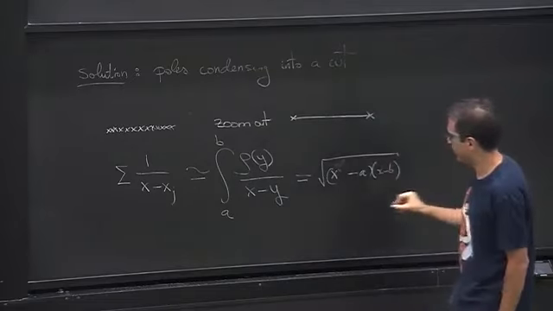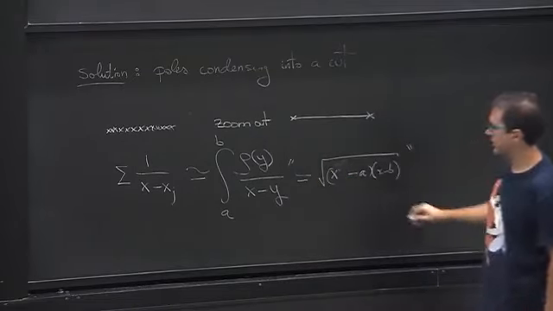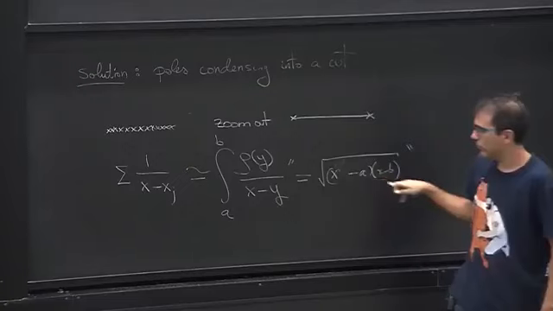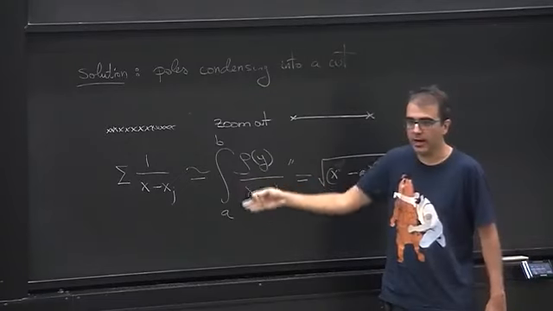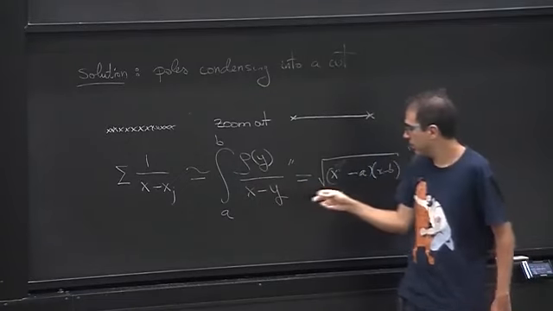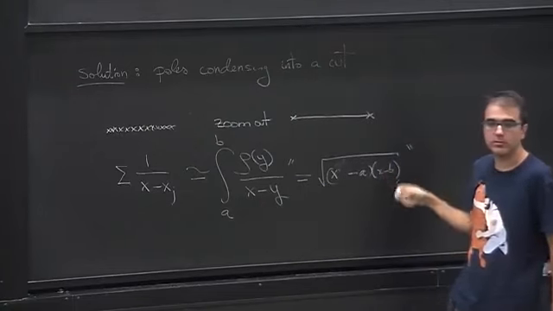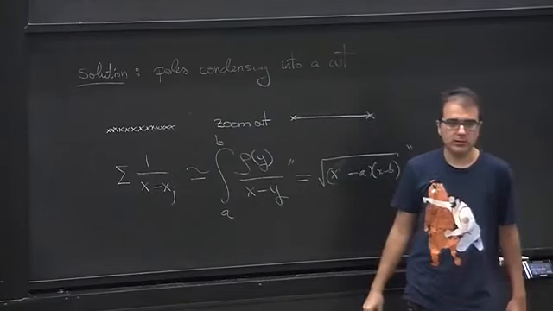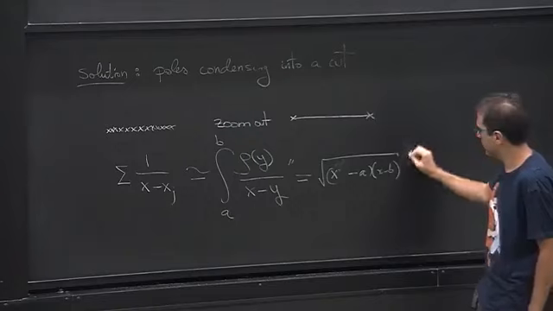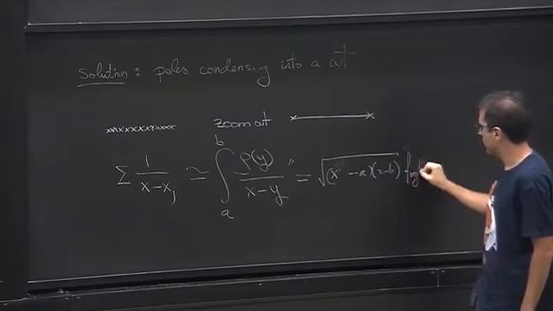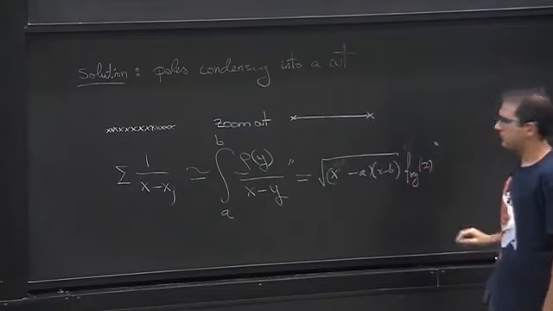It will have this behavior. I'm not saying that this is equal to this, but this function, now a continuous function, close to x equal a is a square root singularity, close to x equal b is a square root singularity. Right? But in general, it's something like this times some regular part that depends on x.